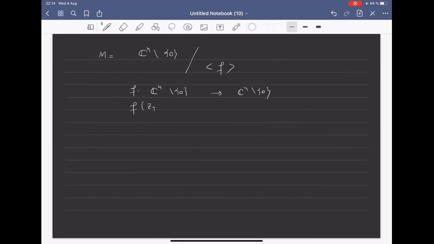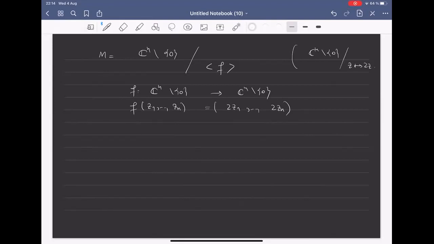So F of Z1, ..., Zn is, say, 2Z1, ..., 2Zn. So I could have written that it is Cn minus 0 quotient by Z, where Z acts as Z goes to 2Z.